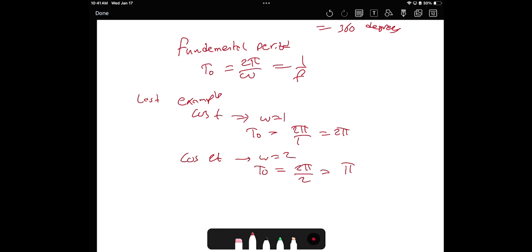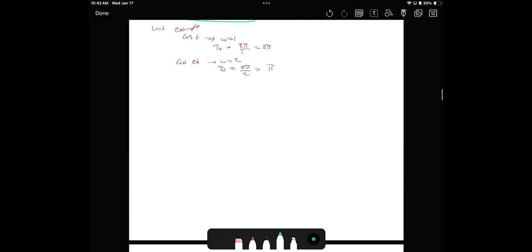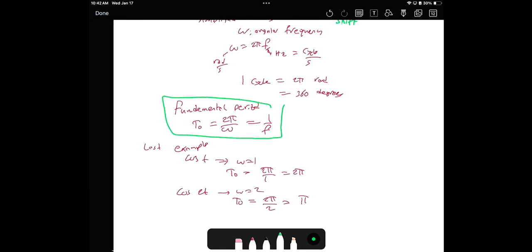Keep in mind, how to choose T0 is very important. It is 2 pi over the angular frequency, or 1 over the frequency. If you know the frequency, then it is just 1 over the frequency. If you don't know it, then it is 2 pi over the angular frequency.